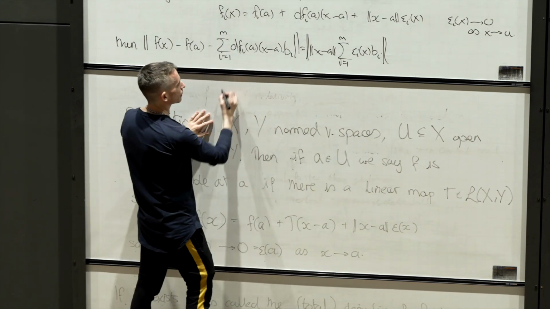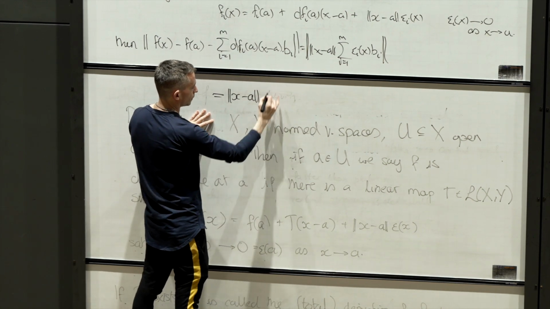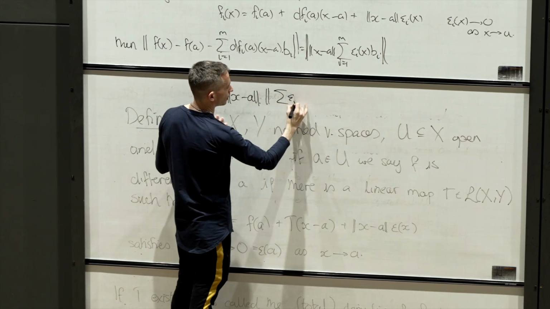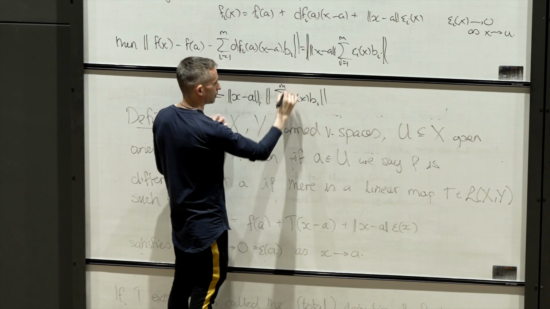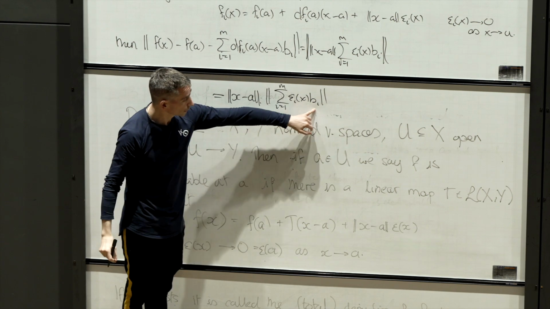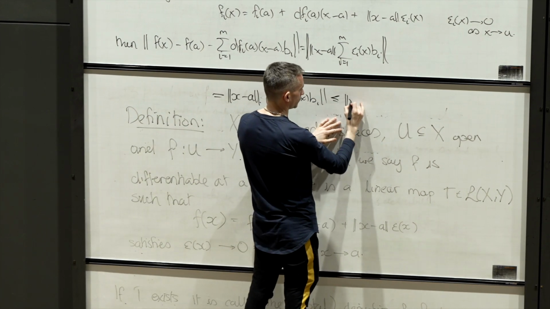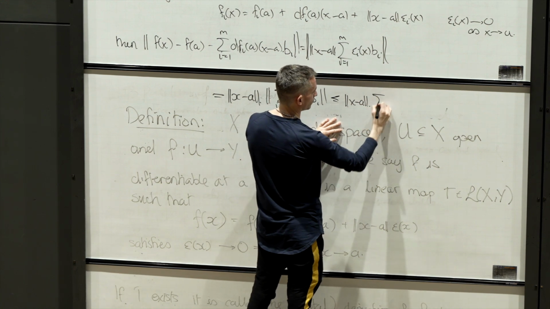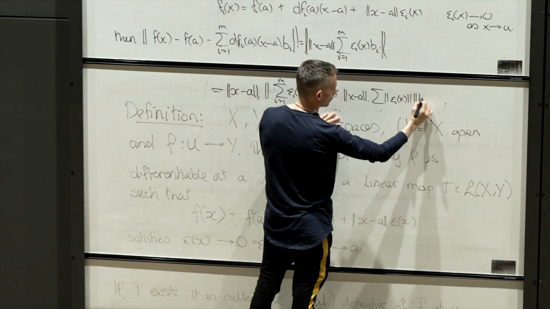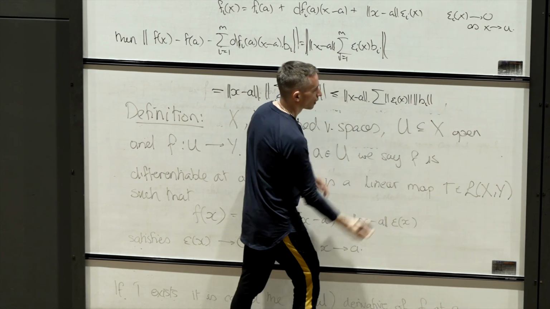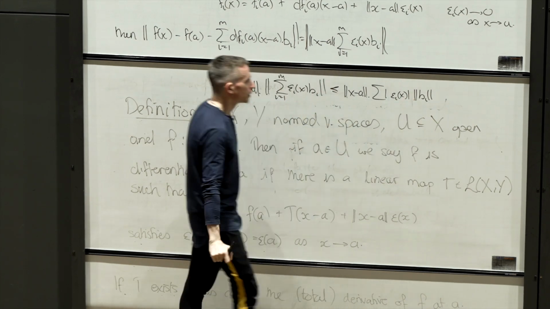So let's just write that here. So this is equal to, and then just the triangle inequality tells you that this is less than or equal to, okay, and sorry, these are just scalars, so that's an absolute value.